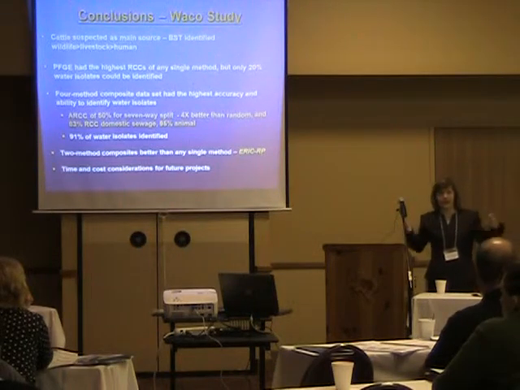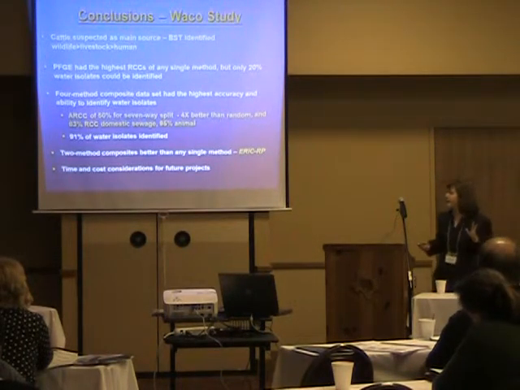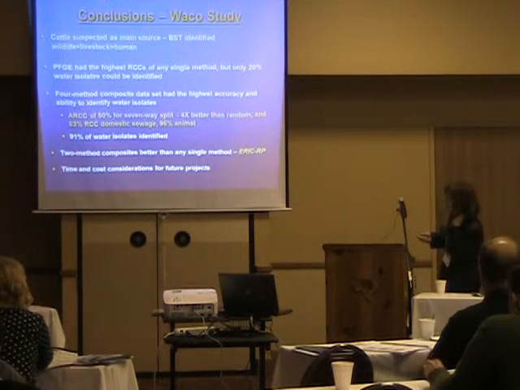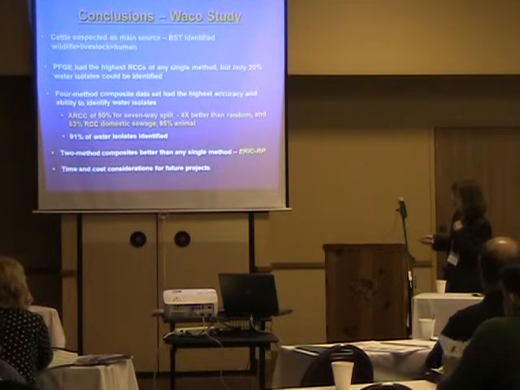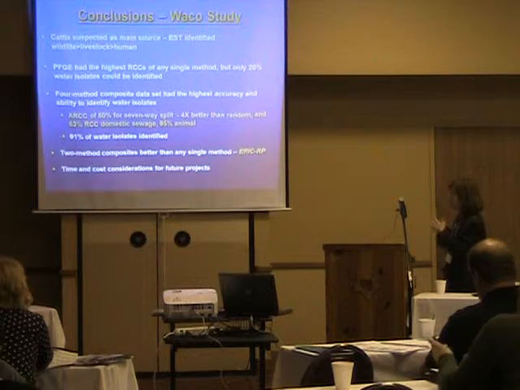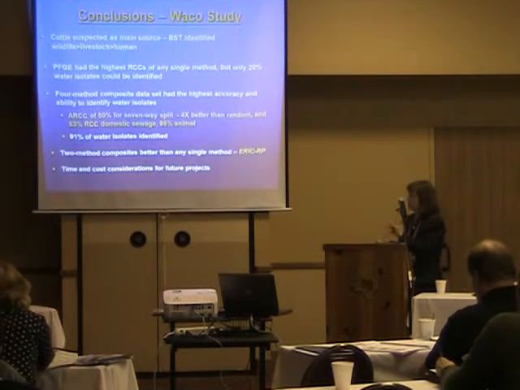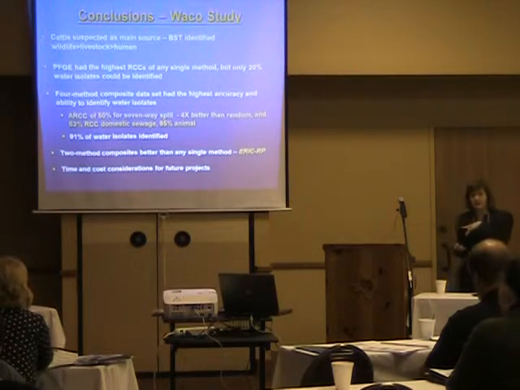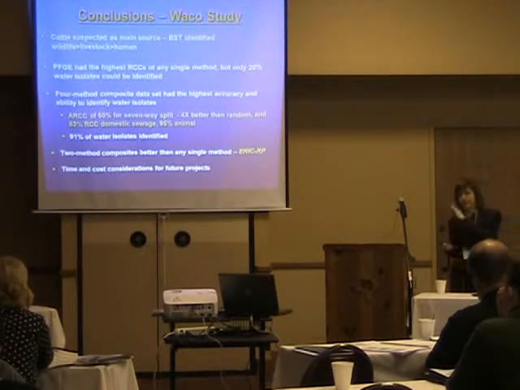Although big furry animal isn't where we want to be either. While the four method had the highest accuracy and was able to identify the water isolates, from this point forward, when we're looking at time and cost considerations, we stuck with the ERIC PCR and automated riboprinting methods.